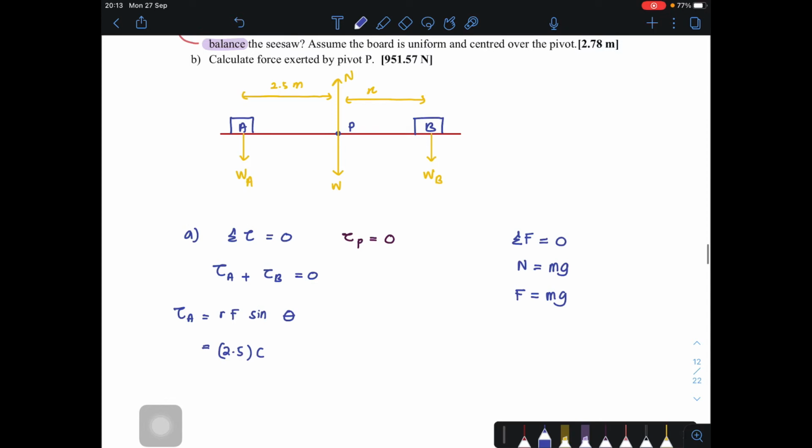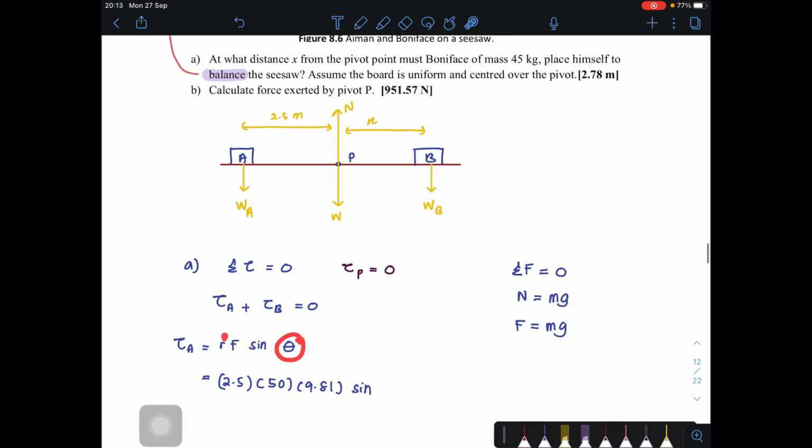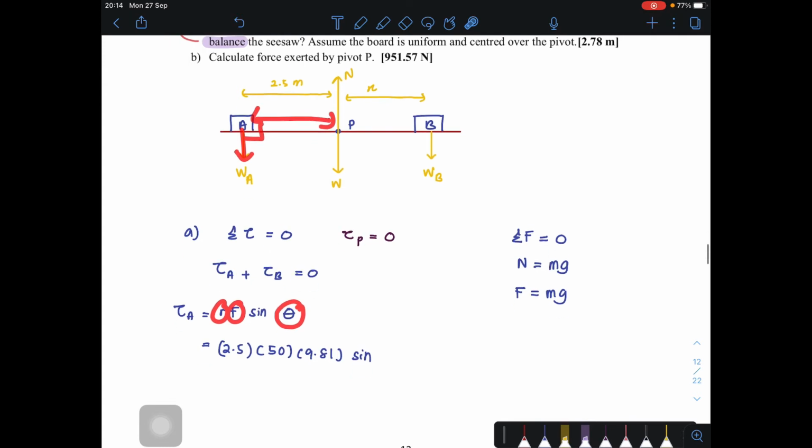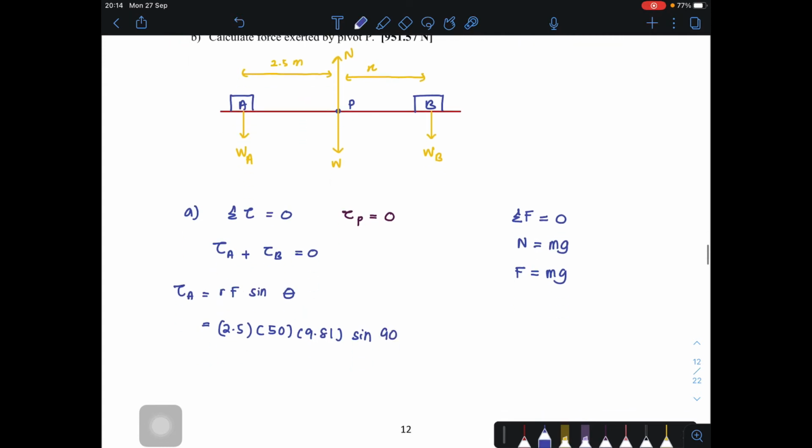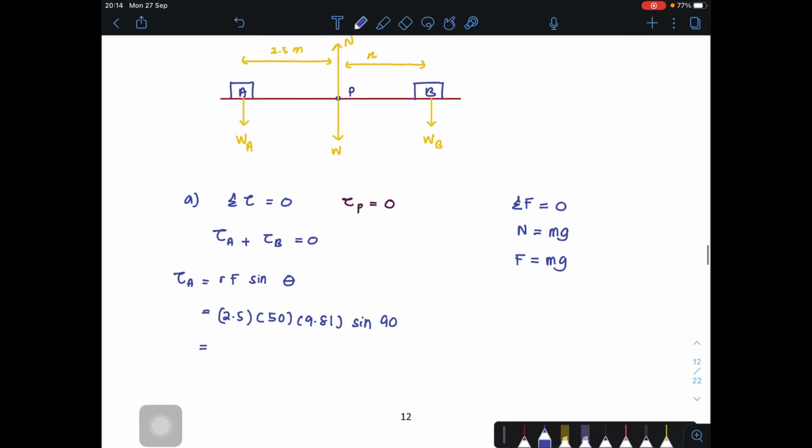So mg, the mass of Aiman is 50, g is 9.81, and then sin of the angle. The angle here is the angle between r and F, where r is here and our F is equal to mg, so it is 90 degrees. So that equals 1226.25 newton meters.